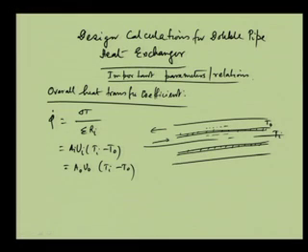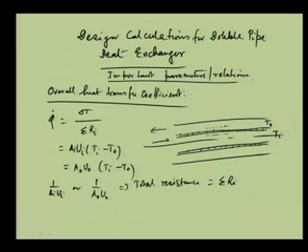So this is the delta T, and 1 by Ai Ui or 1 by Ao Uo are the total resistance, equal to the summation of Ri. Ui and Uo are the overall heat transfer coefficients.